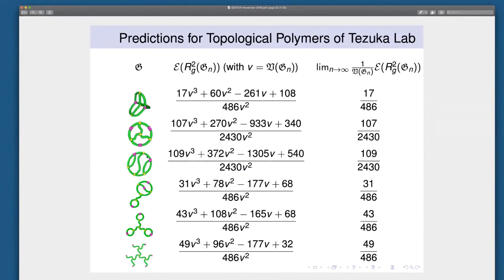So for instance, here with the ladder graph and here with the K33, they had 2 of these pink molecules. They had 4 of these yellow molecules. All the junctions were degree 3. They had the same number of green monomers everywhere. So the only thing distinguishing these is topology.